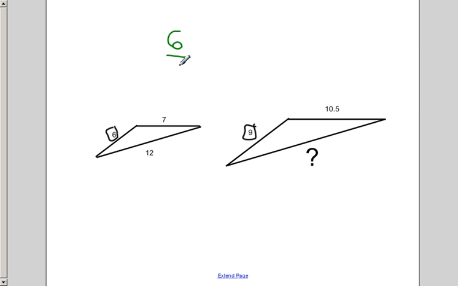So 6 over 9, that ratio should be equal to the ratio of the shorter side here to the longer side here, but we don't know what that is yet, so let's use a variable.